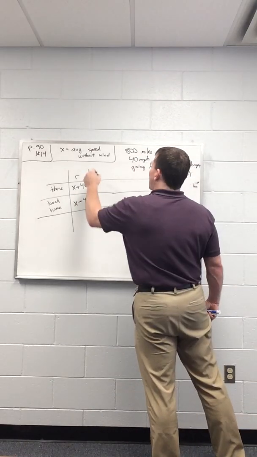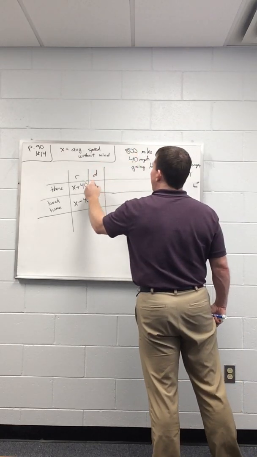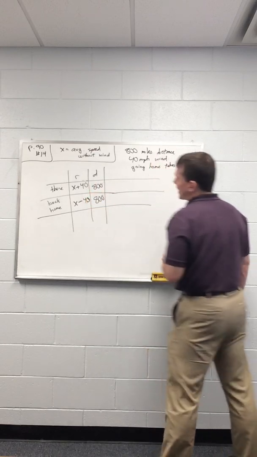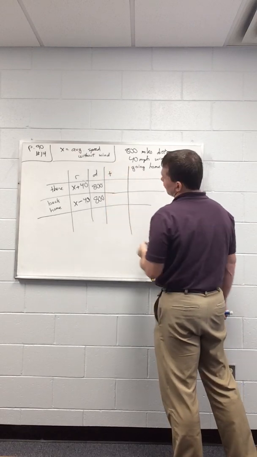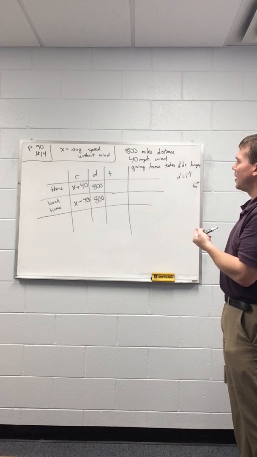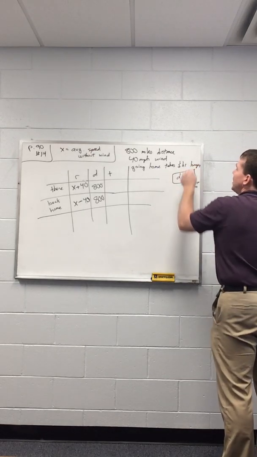Well, okay, let's see. What's my distance? My distance is 800 miles there, and clearly it's the same trip, so it's 800 miles back. What's my time? Well, all I know is that one trip takes a half an hour longer, but in this case, we have this formula, we can use it.